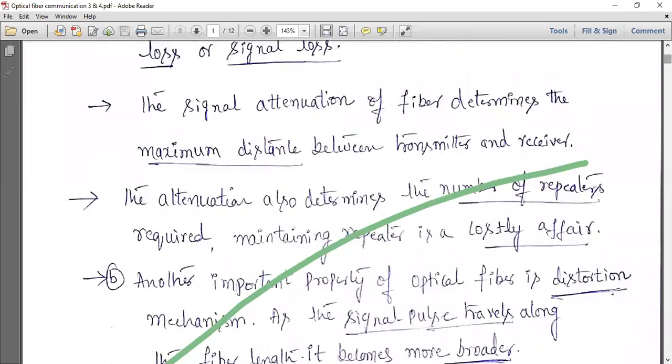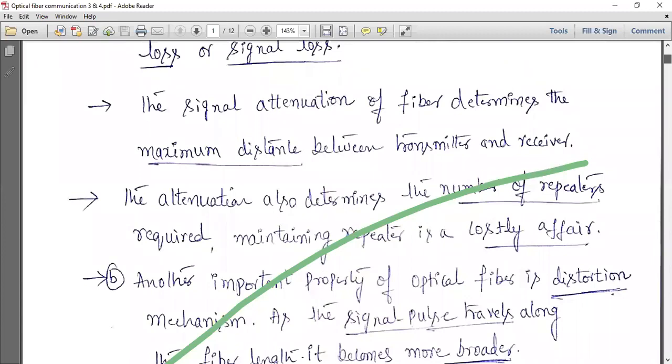Attenuation also determines the number of repeaters required. Maintaining a repeater is a costly affair. If your signal is getting attenuated on a regular basis, then you need to keep repeaters at regular intervals, and obviously your communication becomes costly. I think you have studied repeaters in digital communication.